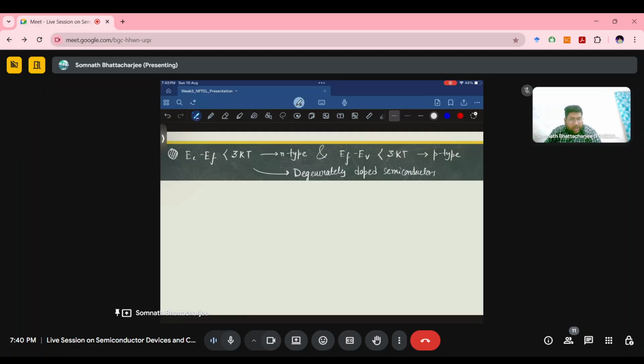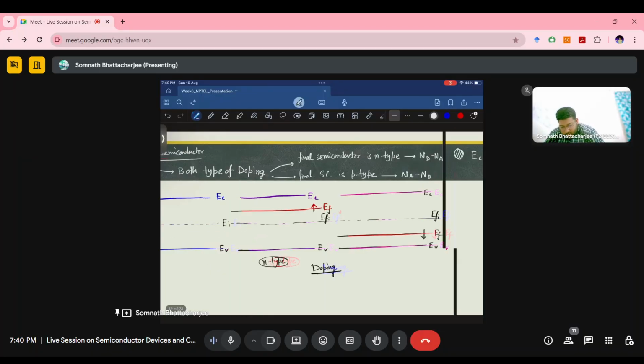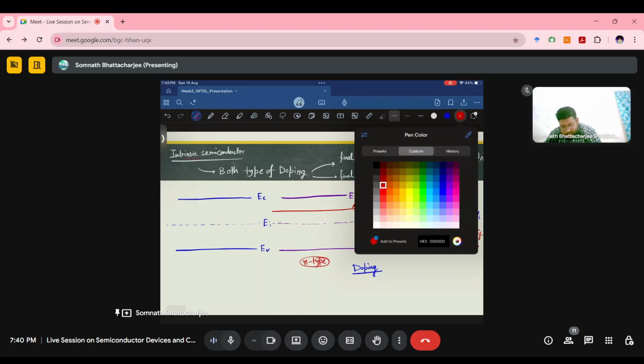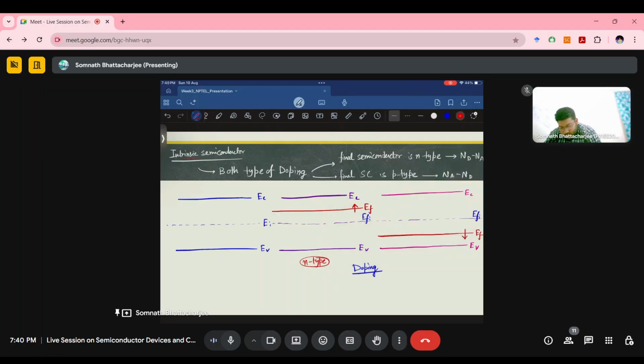Basically the limit should be kT. So for the physical limit, we can say that it can be like this.